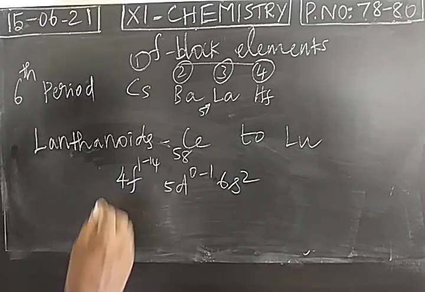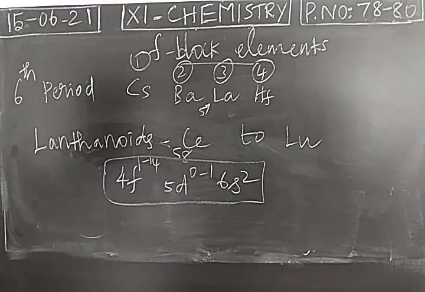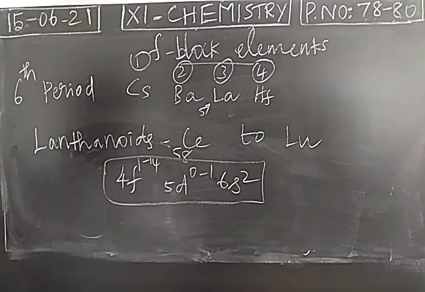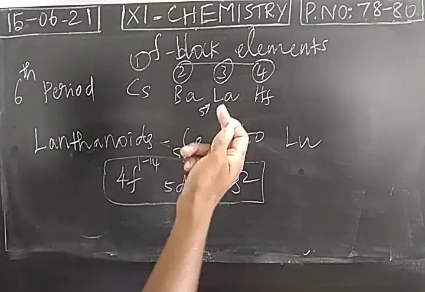So this is the general outer electronic configuration for lanthanides. So 14 elements are present at the bottom of the modern periodic table. You can check it. At the bottom of the periodic table, we have two rows: one is the lanthanides, another is the actinides. Lanthanides means 14 elements from cerium to lutetium, taken from the sixth period after lanthanum.